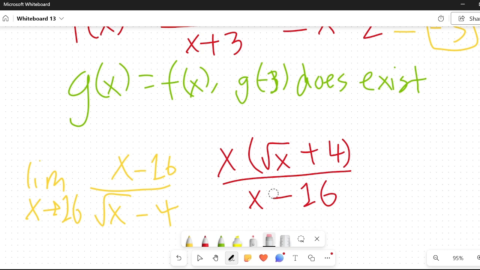In this case, we still see that if we plug in 16, it'll be 0. So we know it's infinity now. But this is one way, rationalizing is one way where we can obtain the answer.